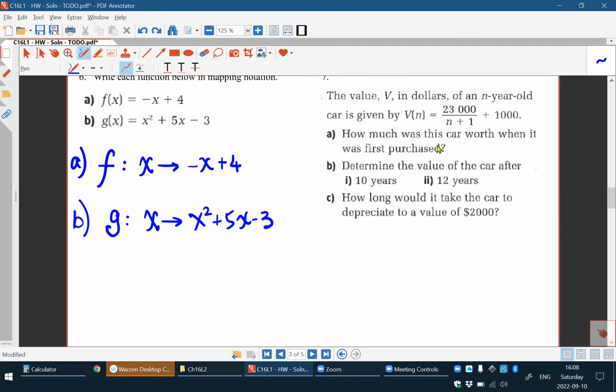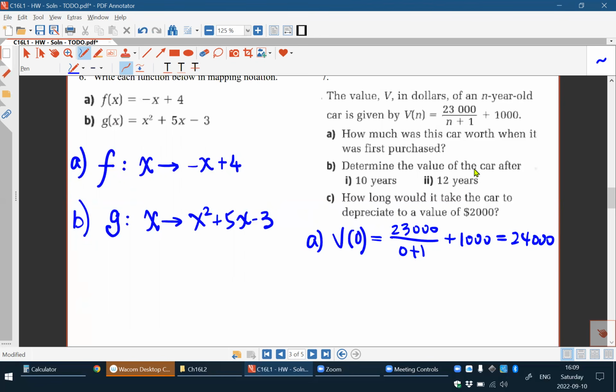So when this car is first purchased, it's 0 years old, right? So for a, we just let n be 0 and then find the image of 0, right? So what is V(0)? We can simply put 0 there. That's 23,000 over 0 plus 1 plus 1,000, which is 24,000, right?